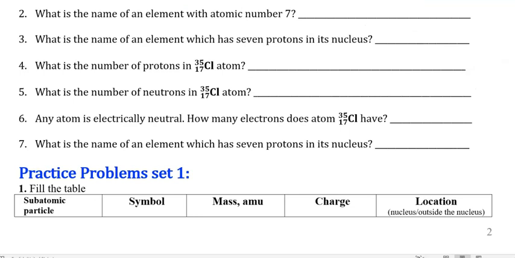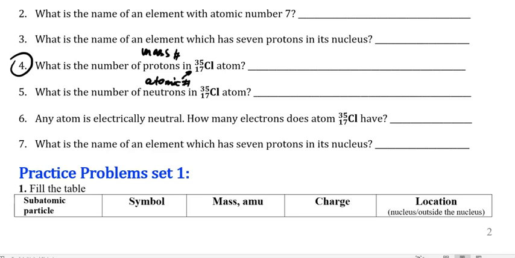Let me give you another example. So let's solve this problem: what is the number of protons in a chlorine Cl atom? So as we can see, 17 is atomic number. 35 is mass number. What does that mean? Atomic number equals number of protons.